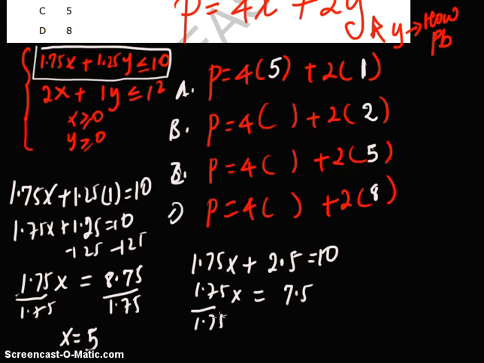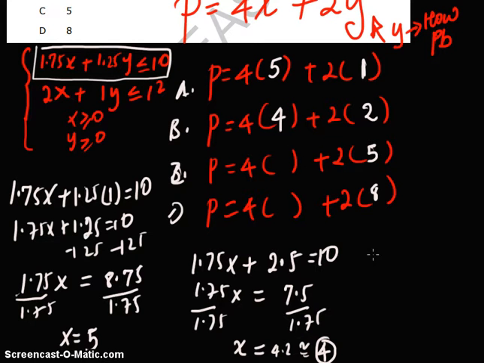I divide by 1.75 and this gives me X equals 4.28. So this is approximately 4 batches, because there's no such thing as 4.2 batches. So I'm going to put 4 there.